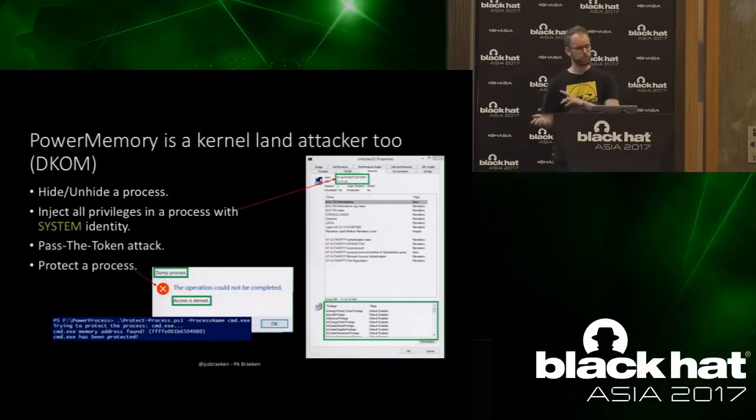You can use the pass the token attack and protect the process, which is very interesting because, as Alex Ionescu showed us, it will give you the possibility to dump a process which is actually protected by protecting your process, and then you are at the same level as the other process, and you will be able to dump it.